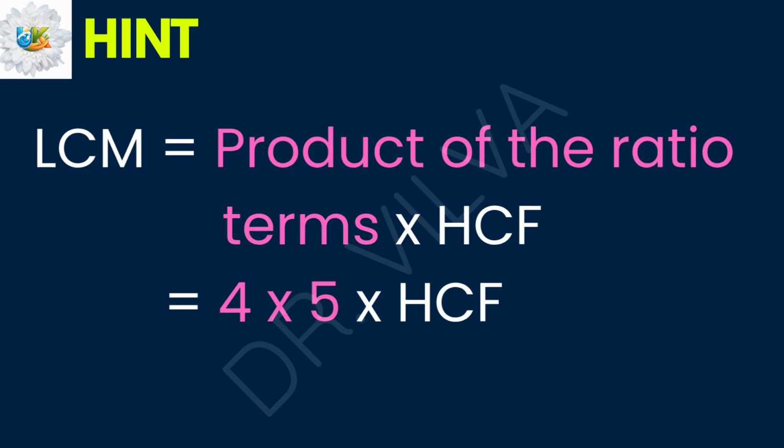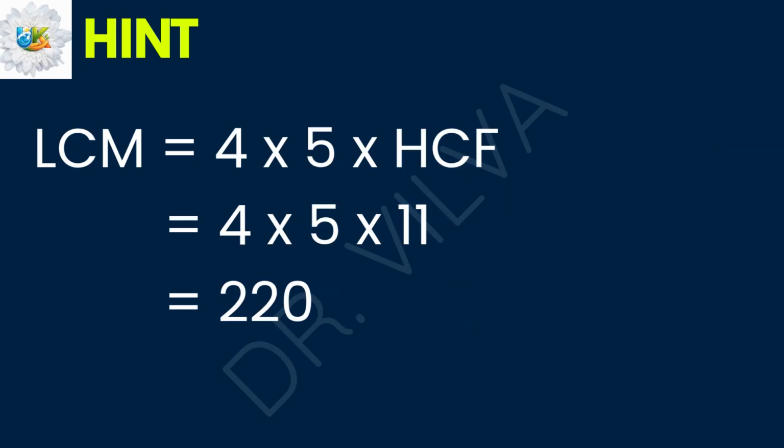So, the product of the ratio term is 4 into 5. Therefore, LCM is 4 times 5 times 11, which is 220. As you can see, both methods give us the exact same answer. The LCM of the two numbers is 220.